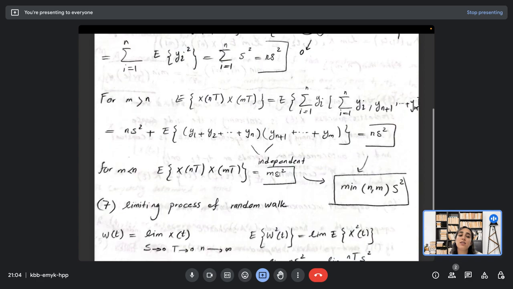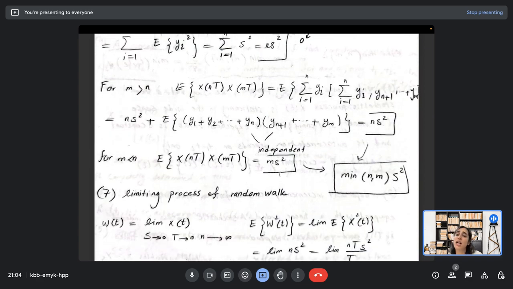Okay, now we get to the hard part, which is to calculate the autocorrelation. For the autocorrelation, we assume that m is greater than n. The expected value of x of n t times x of m t is equal to the expected value of the sum of yi times the sum of yi from yn plus 1 till ym, because we know that m is greater than n.